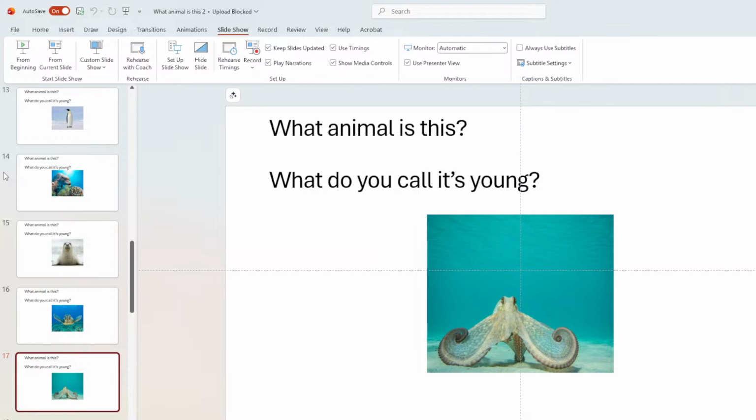The animal on the screen is an octopus, right? Is there a name for the young one of an octopus? What do we call the young one of an octopus?